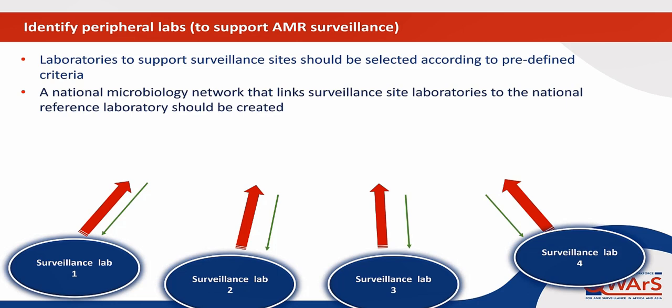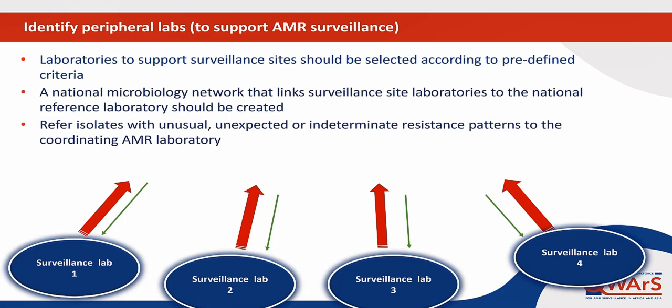Ensure core laboratory processes, including isolate identification and susceptibility testing, either on site or through a sample referral process. Refer isolates with unusual, unexpected, or indeterminate resistance patterns to the coordinating AMR laboratory for further testing in accordance with the national algorithm.